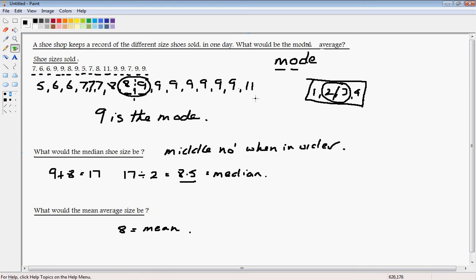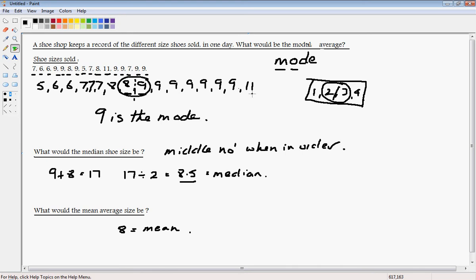The median, we rewrite the numbers in order, and they are physically the middle numbers or middle number, and that would give us our median. The mean average, we just add all the numbers together and we divide by the number of numbers.